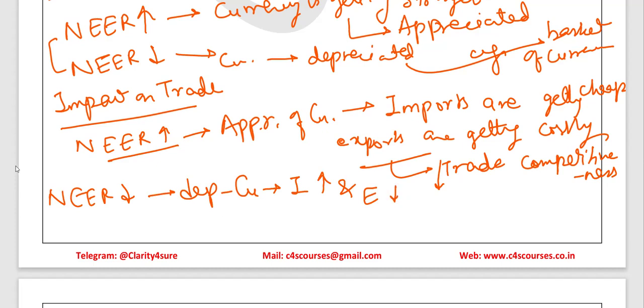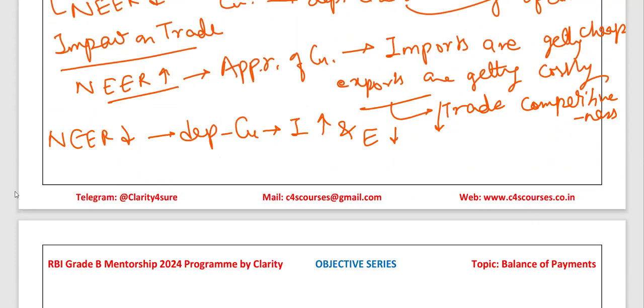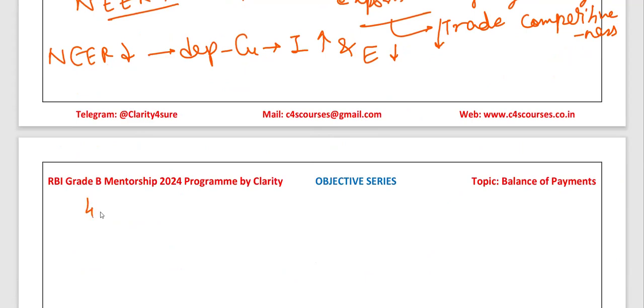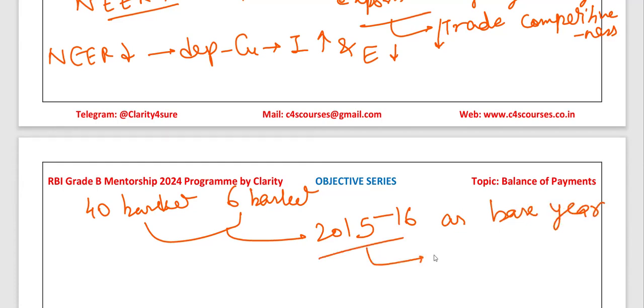So the article which was given in the news, they had taken two indices, a 40 basket index and 6 basket index. And they had taken 2015-16 as base year and base value was taken as 100.